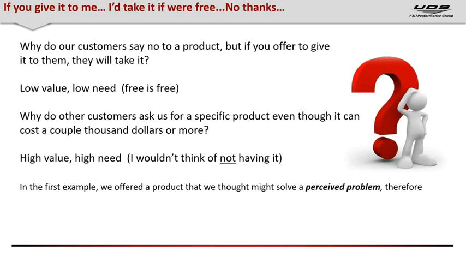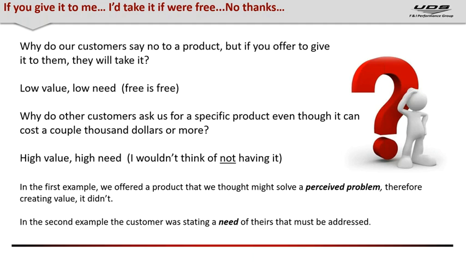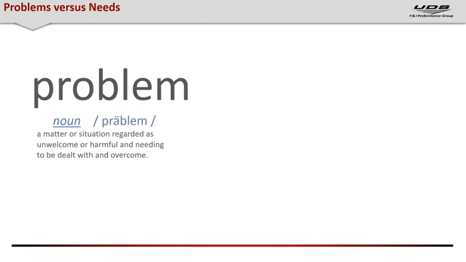In the first example, we offer a product that we thought might solve a perceived problem and create some value, but it didn't. So they said no. In the second example, the customer was stating a need of theirs that had to be addressed. And we're going to talk a little bit about the difference between a problem and a need. What is a problem?